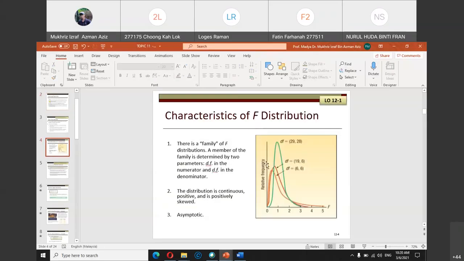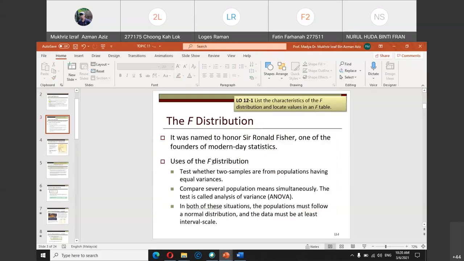So first, what are the characteristics of the F distribution? You learned the Z distribution and the T distribution. Both Z and T are under the family of normal distribution. When we say normal distribution, the shape, when you plot the data, looks like a bell-shaped distribution, whereby the mean will be 0 and the standard deviation will be equal to 1.